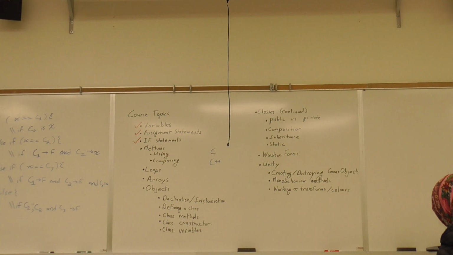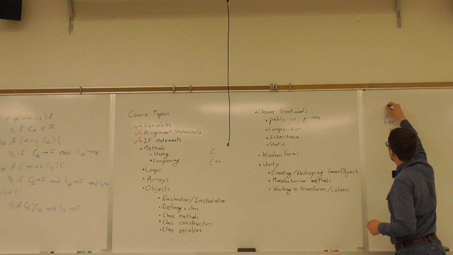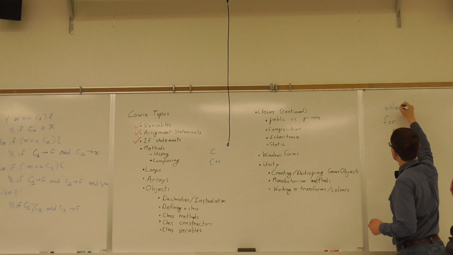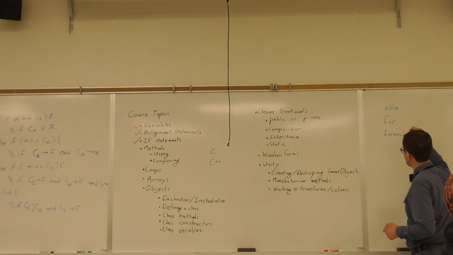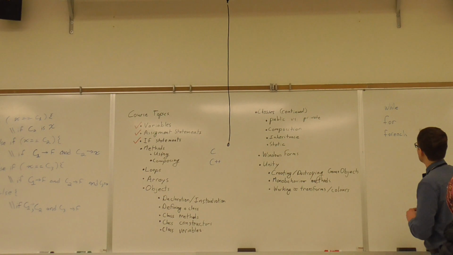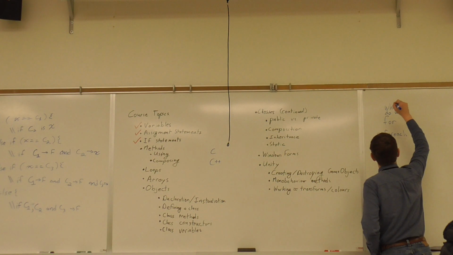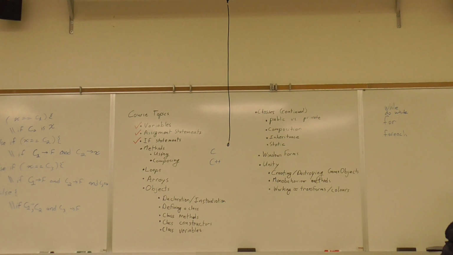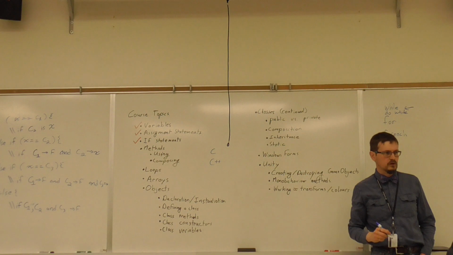For loops are a thing. While loops are a thing. For each loops are a thing. And there's one more, the do while loop. So, of these, the while loop is the most basic form of loop.